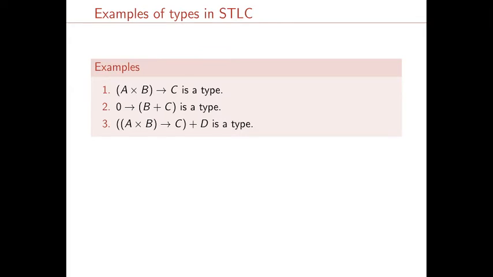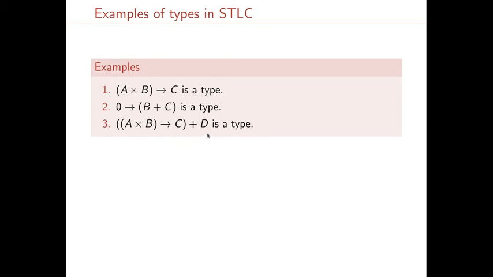Let's look at a few examples of types. Here, the first example is a function type from A times B to C. So we put parentheses around here to indicate the correct parsing of this type expression. The second type is also a function type, of functions from 0 to B plus C. And lastly, we have a type that uses all of the complicated type constructions: times, arrow, and plus.